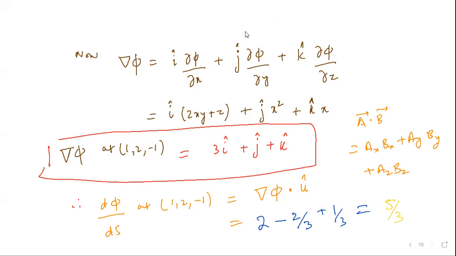This 5 by 3 is my answer, right? So I have solved this problem. I have found the directional derivative of the given scalar field at a given point in a given direction. That is 5 by 3, right?